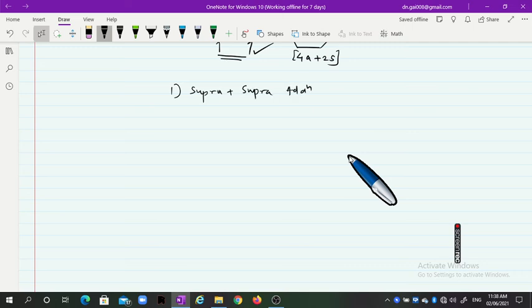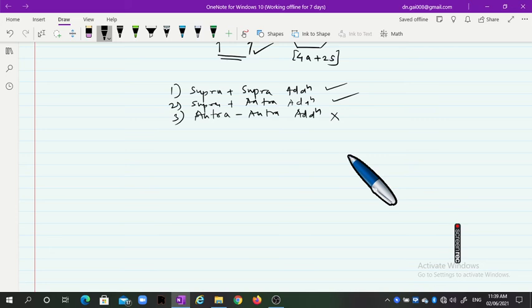Second we have seen supra-antara addition. Third we will see antara-antara addition. Mostly cycloaddition reactions follow supra-supra, very rarely supra-antara, but antara-antara addition is rare or does not occur in any reaction.